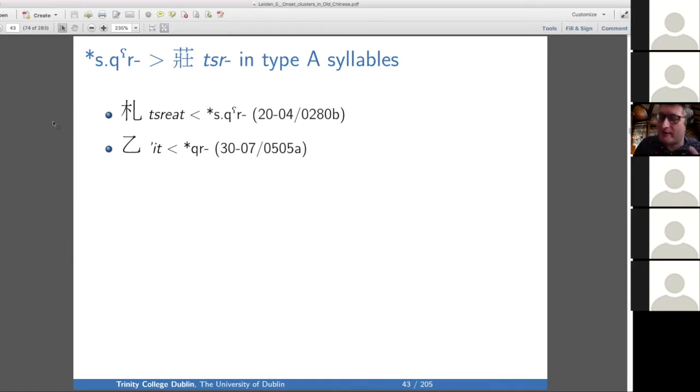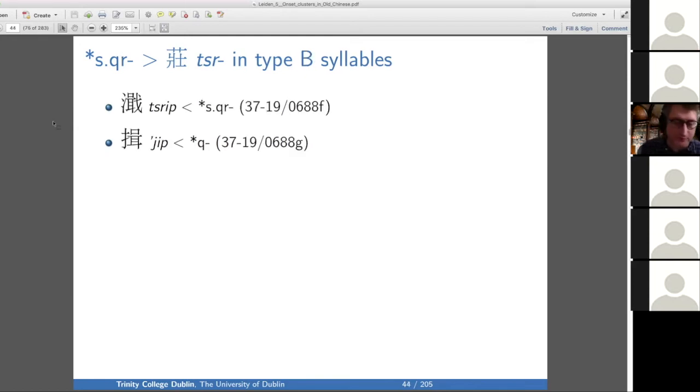This is the kind of place where I think he would be a little bit suspicious, well, it's not prima facie totally obvious that a tsara would come from a skara. But if you want to make the Xiesheng hypothesis work on this Xiesheng series, well, Baxter and Sagart have managed to do that.